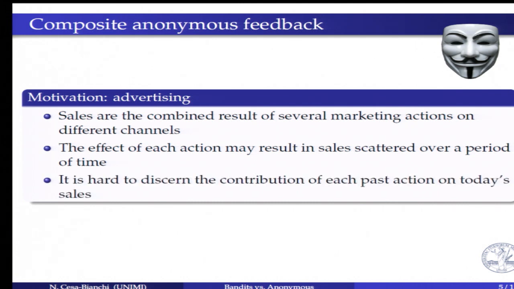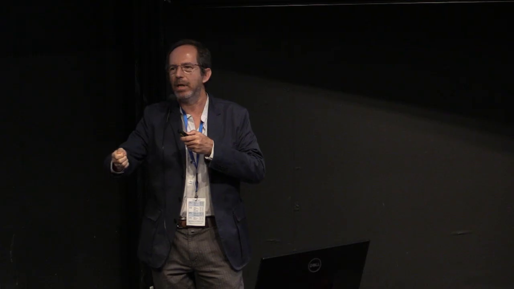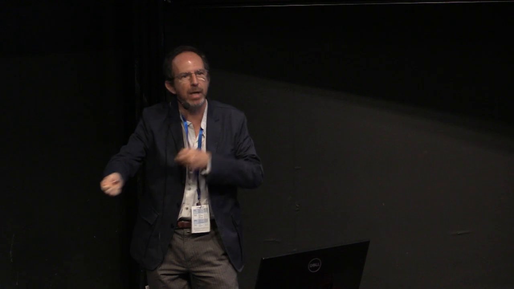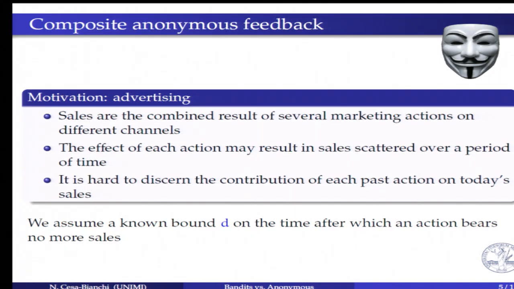Furthermore, at every single point of time, maybe you're seeing a bump in your sales, but you cannot really discern what marketing action was responsible for that bump. Maybe it was a combination of different actions, but you don't really know. You just observe an increase in your sales, or maybe a decrease.